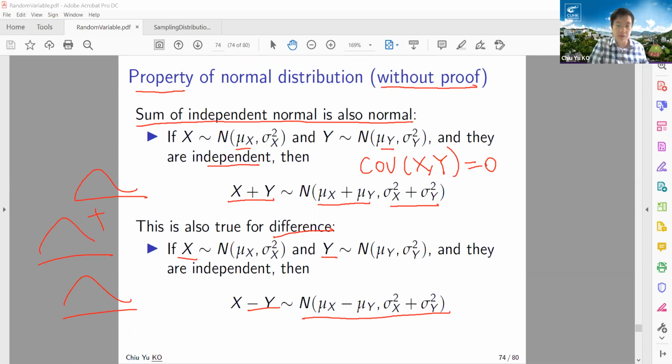It's very weird, right? Because someone asked why, if I have one bell plus another bell, I shouldn't expect something weird. It turns out to be very interesting: two bells added together are still one bell. It's still something like this.